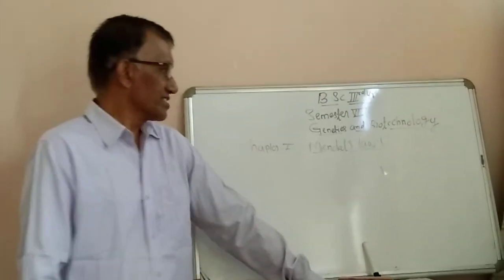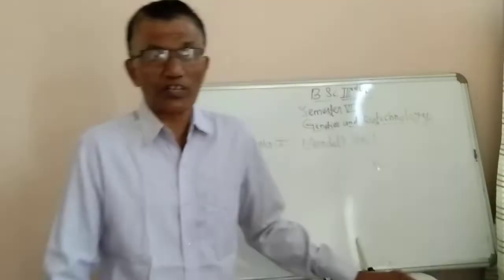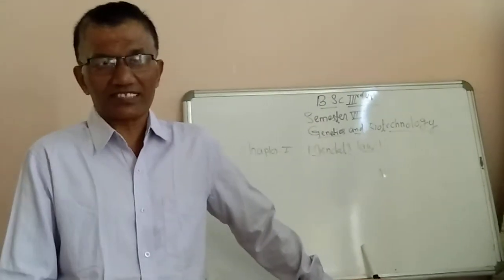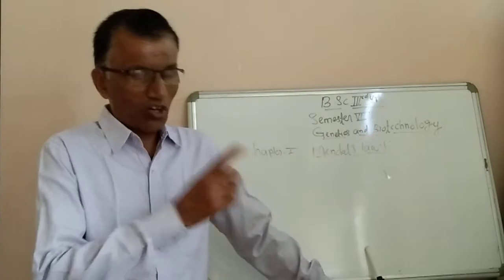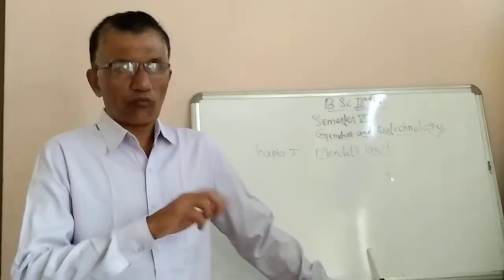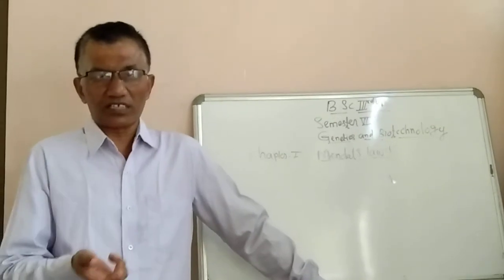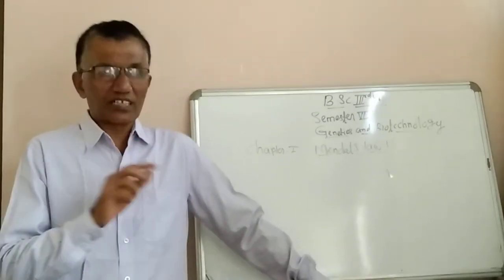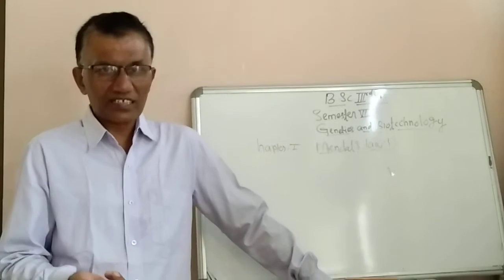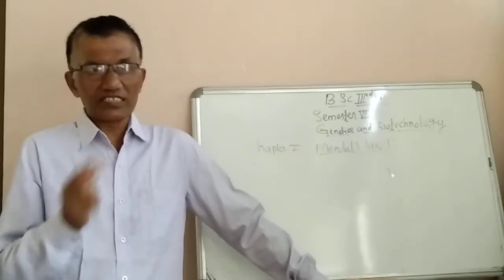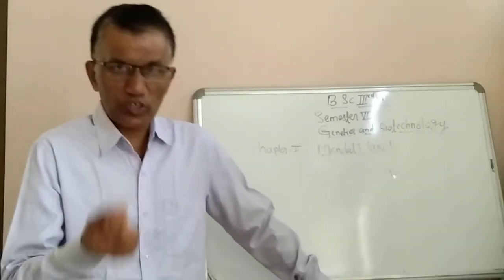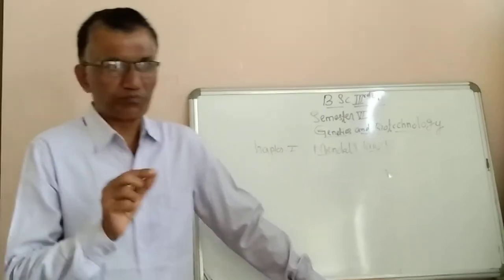In pea plants, he considered 7 pairs of contrasting characters: tall and dwarf, flower color white and pink, seed shape round and wrinkled, and seed color yellow and green.